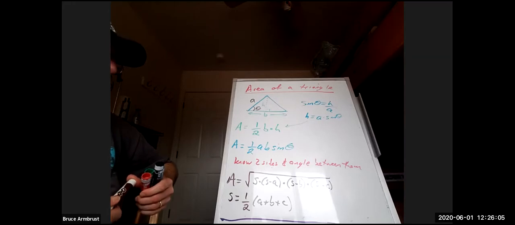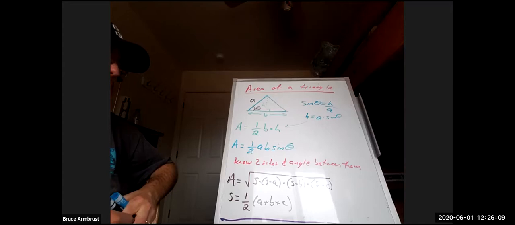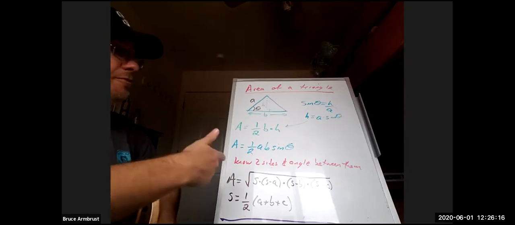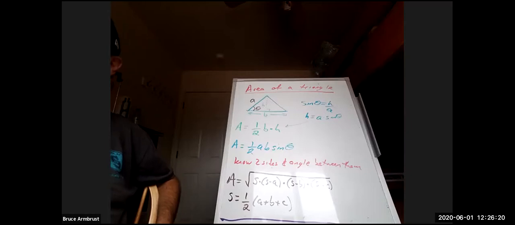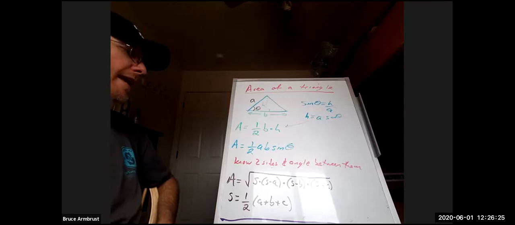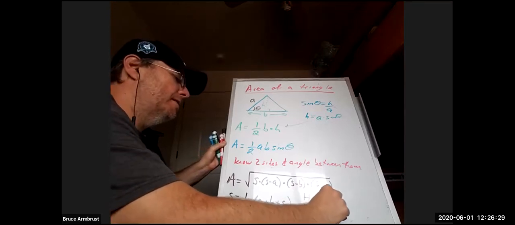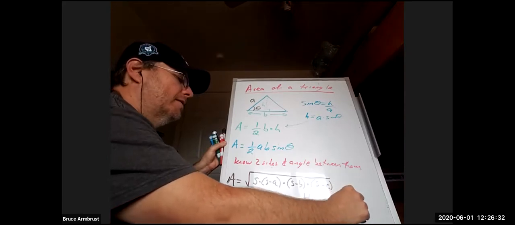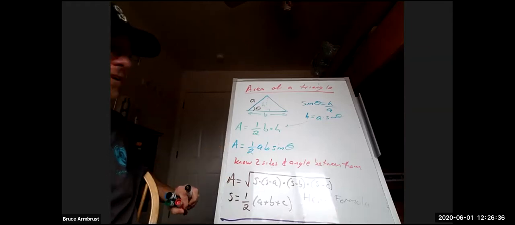All right, so this one's kind of weird looking, no doubt about it, but it's really, really useful when all you know are the lengths of the sides. Now, I'm not going to prove this one for you. If you'd like to see the proof, come find me in an office hour. I'll work through it for you. But this one has a name. It's actually called Heron's formula, named after the Greek mathematician that found it.